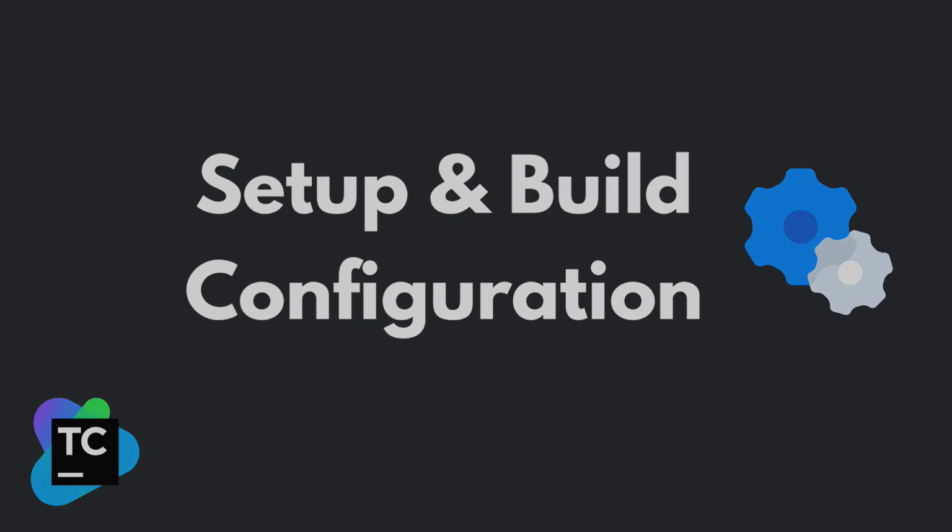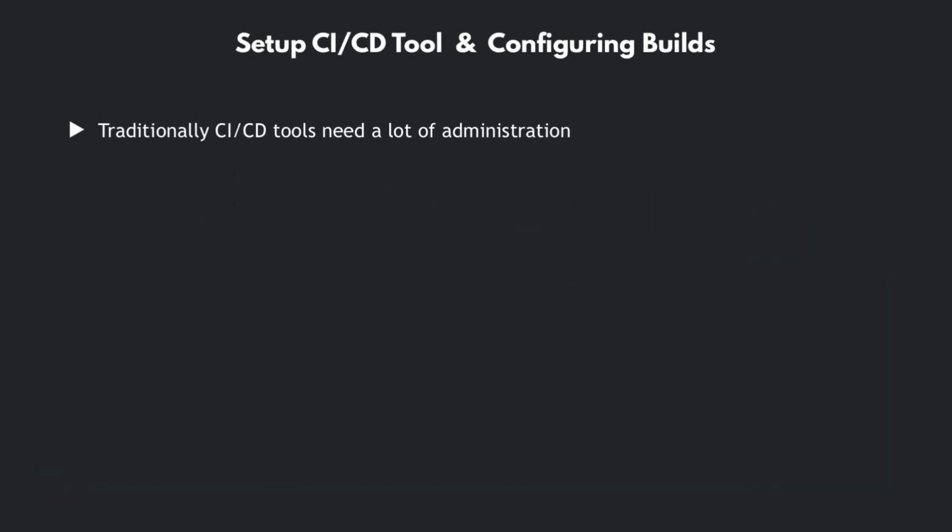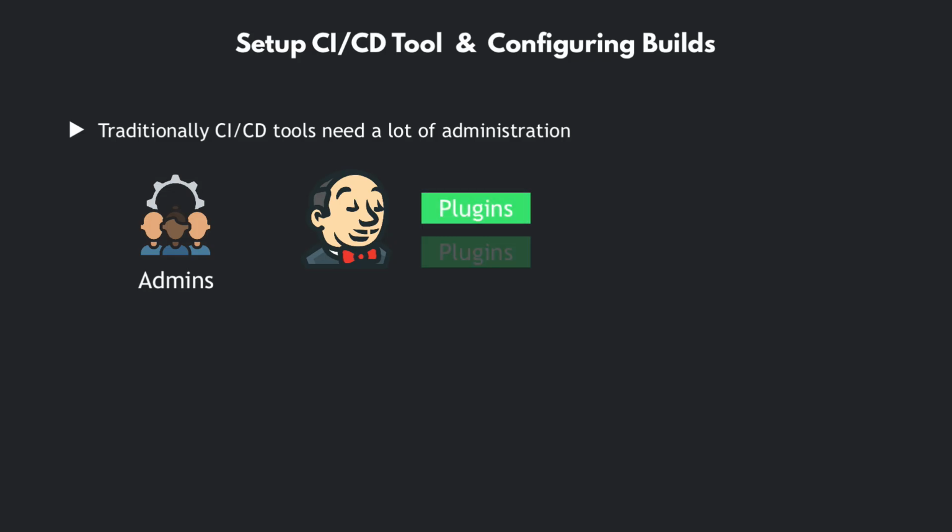Traditionally, when we think about CI/CD tools like Jenkins, we think about a tool that needs a lot of administration and configuration. So administrators have to set up the tool and configure it with a bunch of plugins so that developers can start using it and start creating build pipelines for their projects.